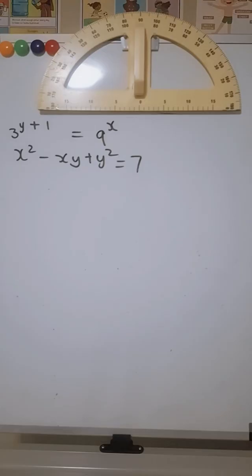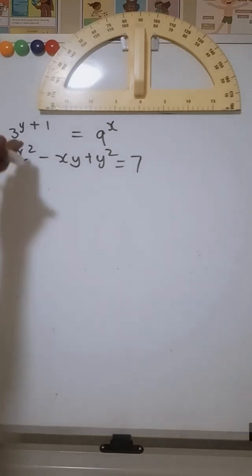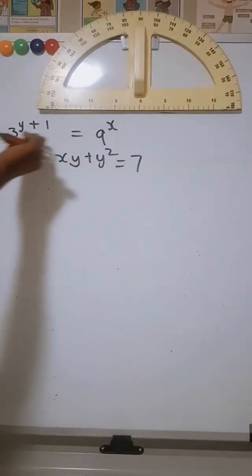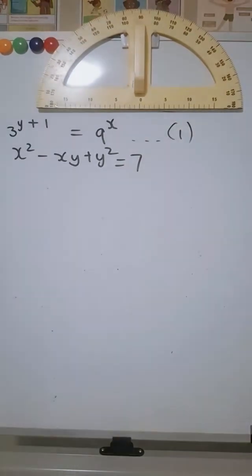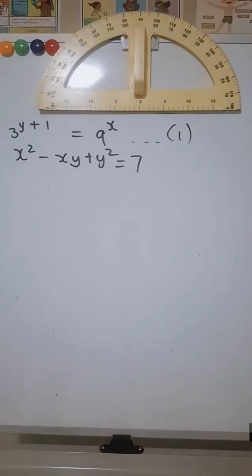So 3 to the power y plus 1 is an exponential equation, and then you can see it has a bit of what you could say a linear equation touch. Yes, VMAPs, very good.